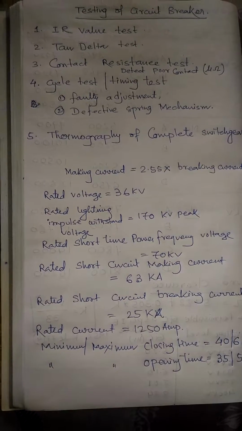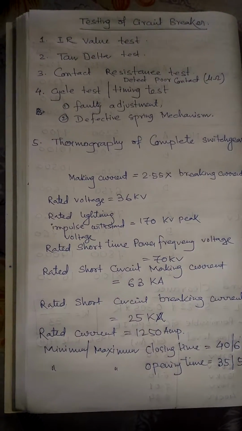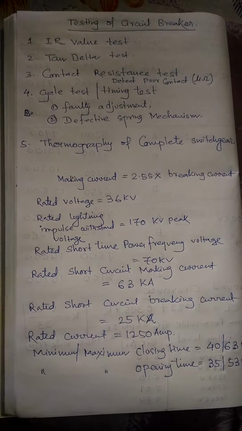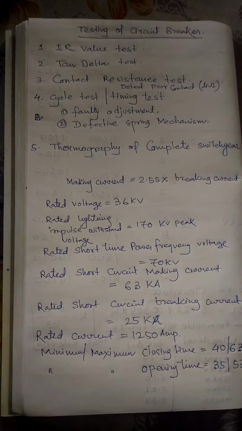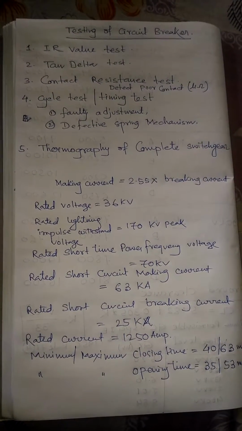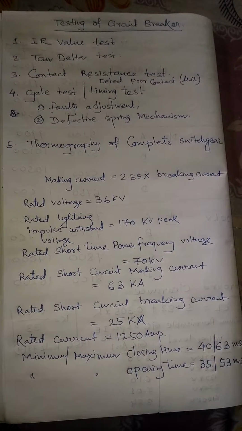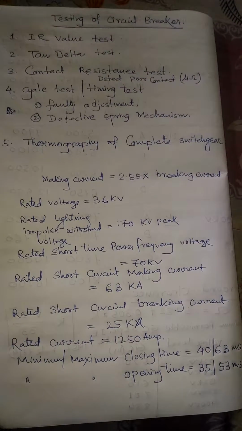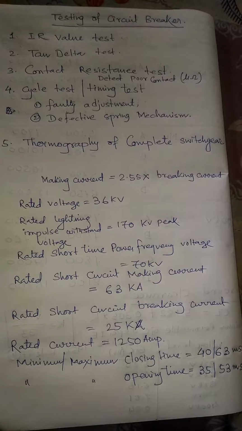The rated lightning impulse withstand voltage is 170 kV peak, the rated short time power frequency voltage is 70 kV, the rated short circuit making current is 63 kilo ampere, the rated short circuit breaking current is 25 kilo ampere, and the rated current is 1250 ampere.